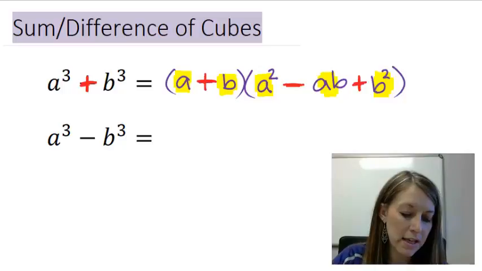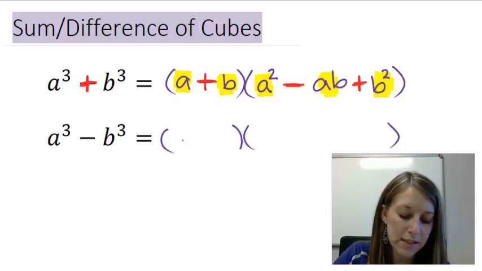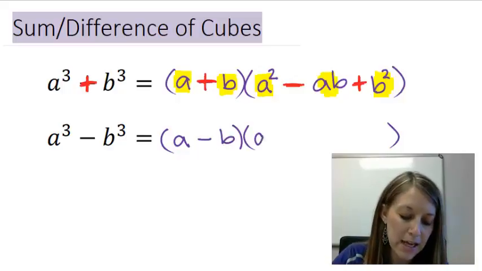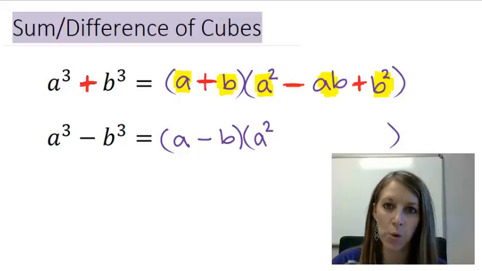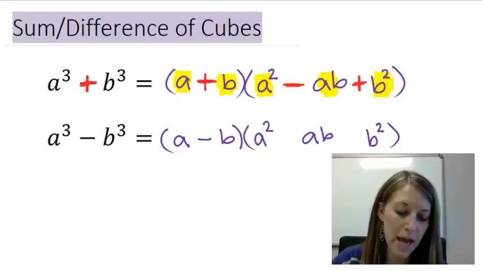Okay, so let's set this up again with the same thing down here, but this is an a cubed minus b cubed. So in my first set of parentheses, I have exactly what I see without the cubes. In my first place, I take my first term of a and I square it. In my last place, I take my last term of b and I square it. In the middle, I multiply a times b, and now my signs.